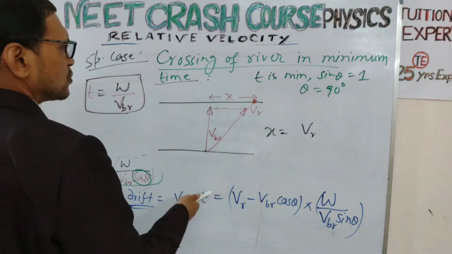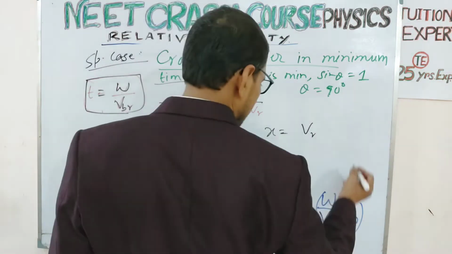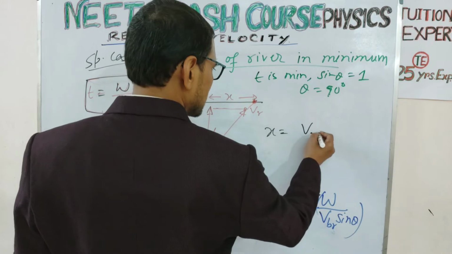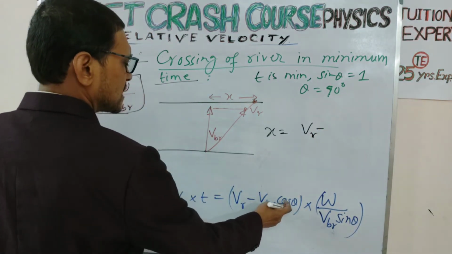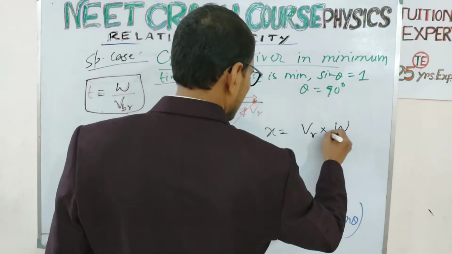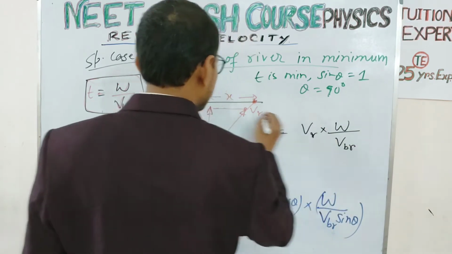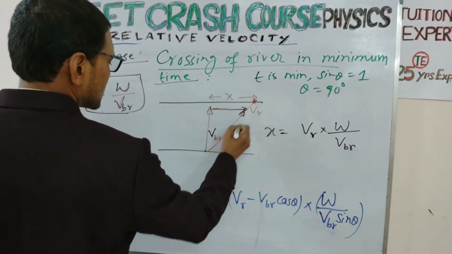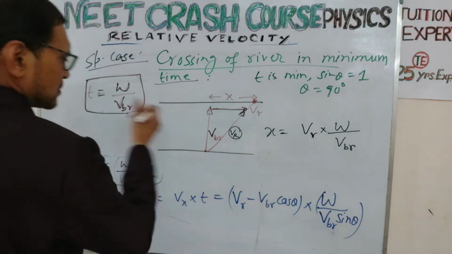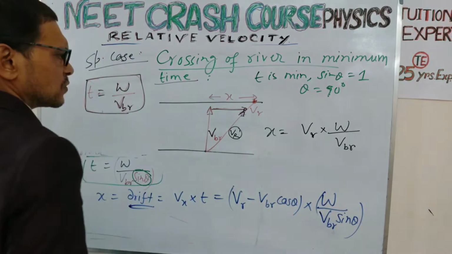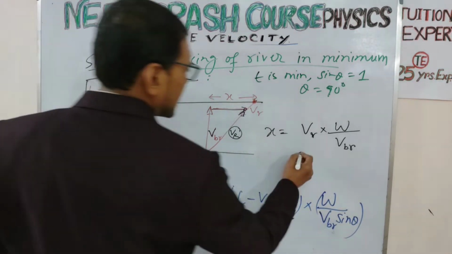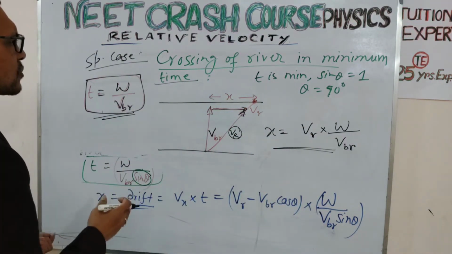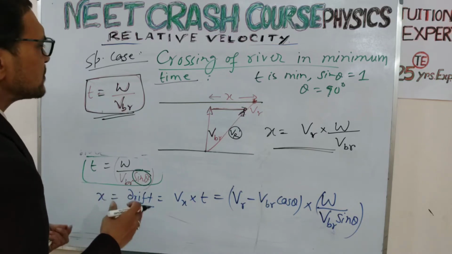When sin theta equals 1, theta equals 90 degrees, so cos 90 equals 0. So the drift Vx equals VR minus VBR cos 90, which is 0, so VR into W by VBR. This is the drift. This is VBR, this is VR. This resultant velocity is not required, so you always have to measure the time taken and the drift. So this is the special case when the man wants to cross the river in minimum time.